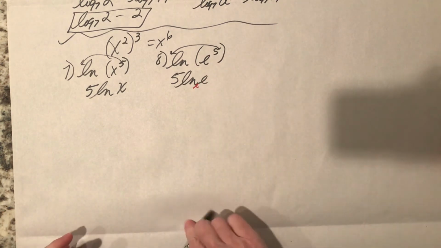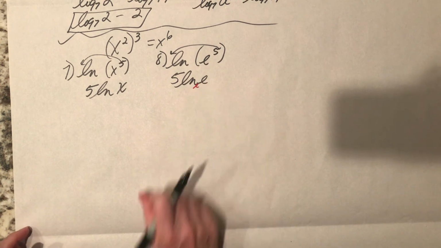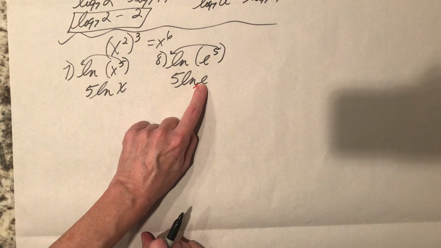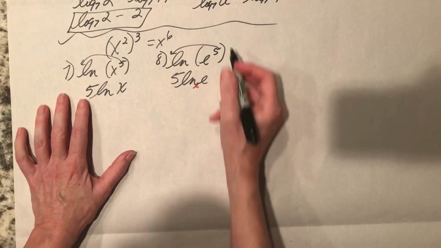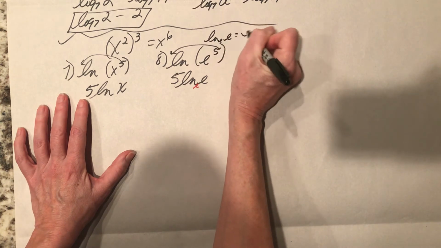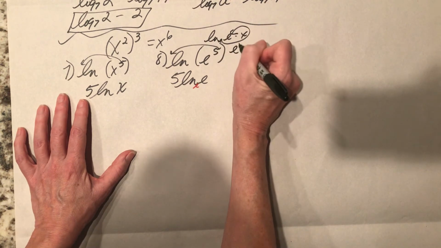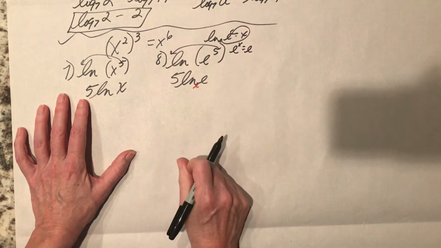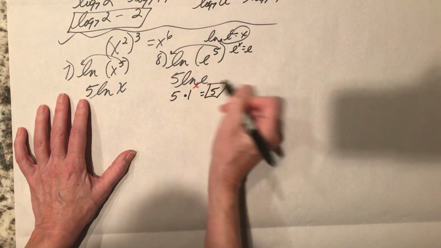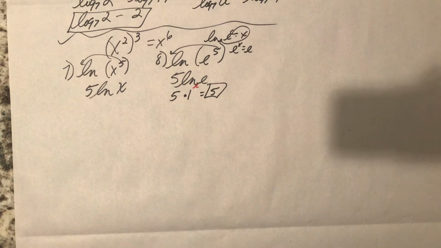Is there an exponent you can raise e to make him be an e? What exponent do you slap onto e to make him be an e? That's like saying e to what power equals e? Well, that'll be a 1. So we've got 5 times 1, so we're getting a 5 out of that. We can simplify that quite a bit.